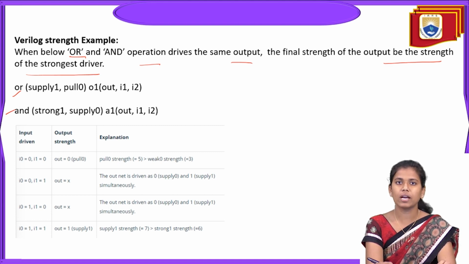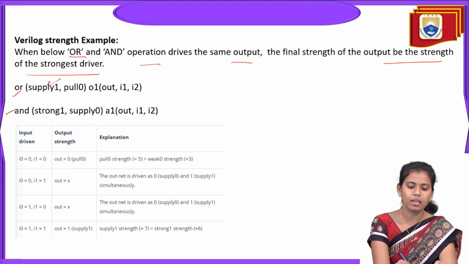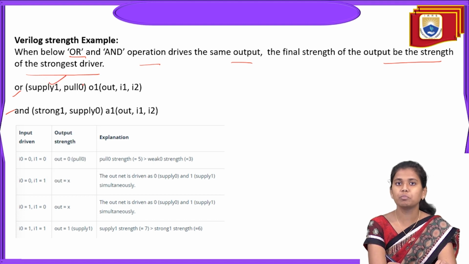Based on the strongest driver it's holding, for the OR gate we see two things: the supply drive is 1 and the pull drive is 0.